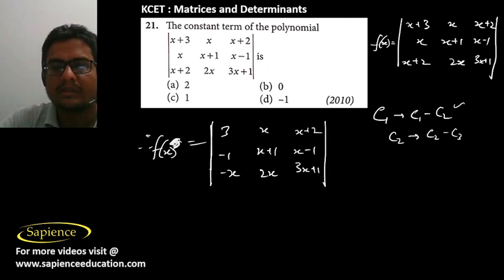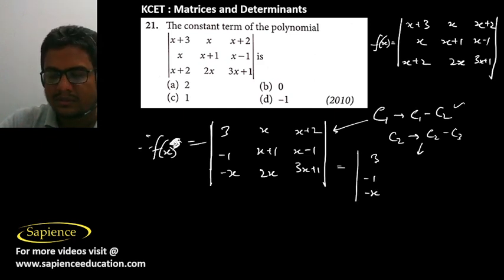So here we are applying this column operation, and then if we apply this column operation, that c2 goes to c2 minus c3, then we will have 3 minus 1 minus x, and then so this is x plus 2 minus 2x. So this is 2 minus x.